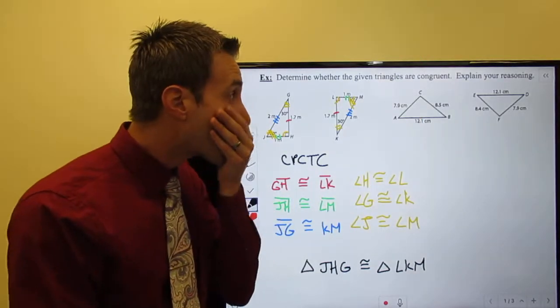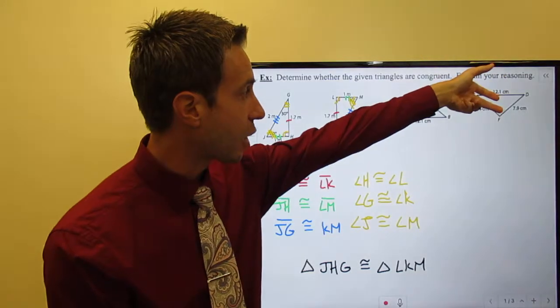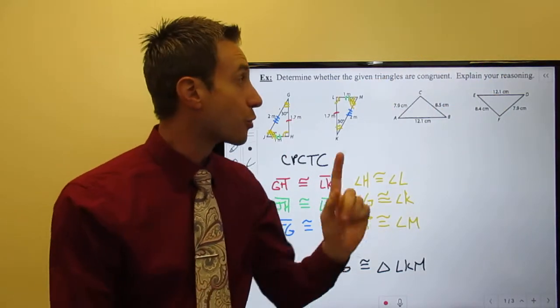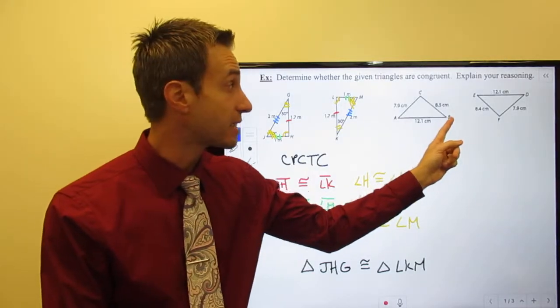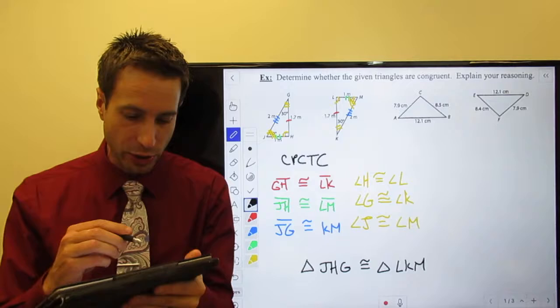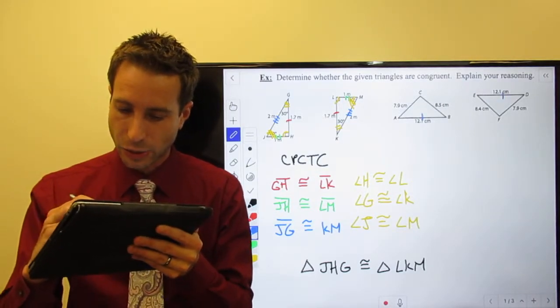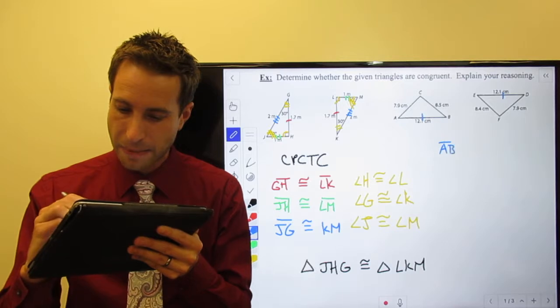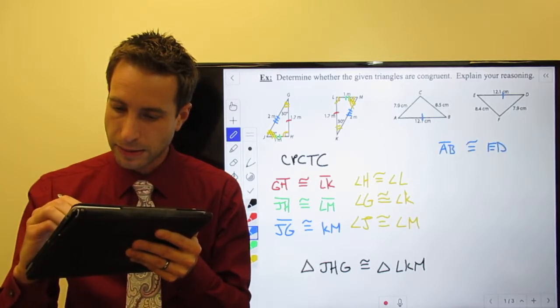Let's see here. Well, in order to line these triangles up, I'd have to flip this guy over and slide him in. So that means then that AB would have to be the corresponding side of ED. 12.1, 12.1, we're looking good. Those guys are definitely congruent. So segment AB is congruent to segment ED.